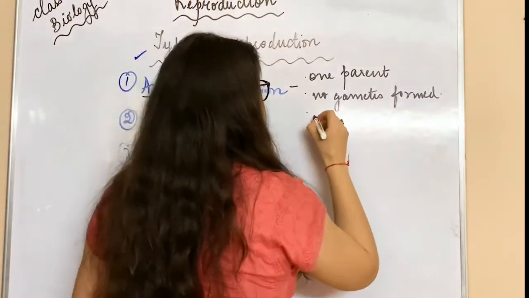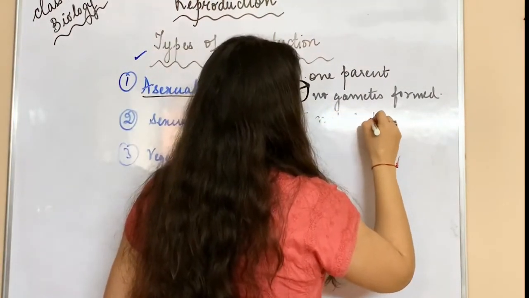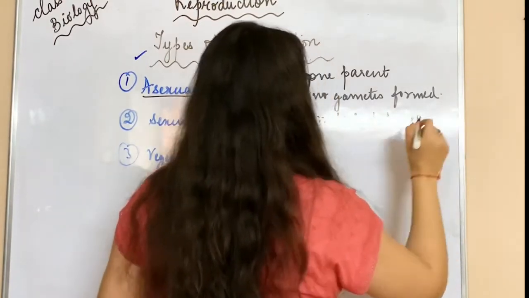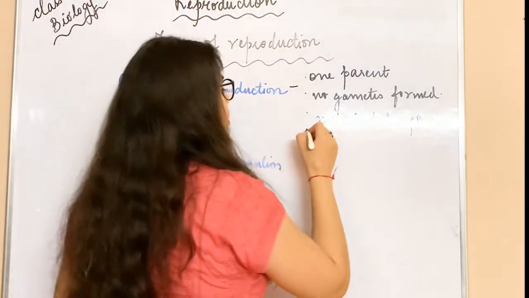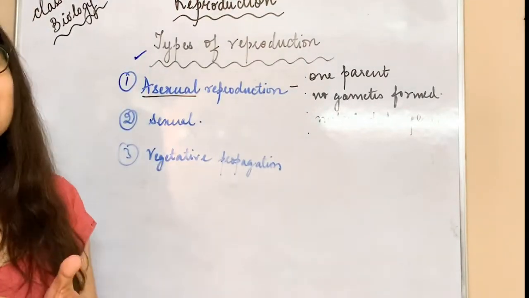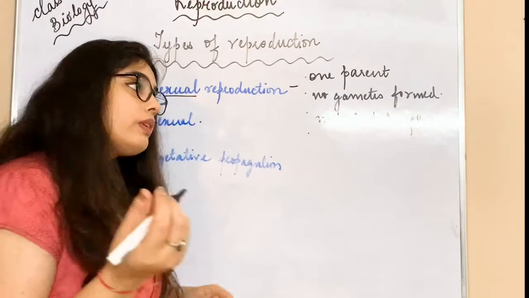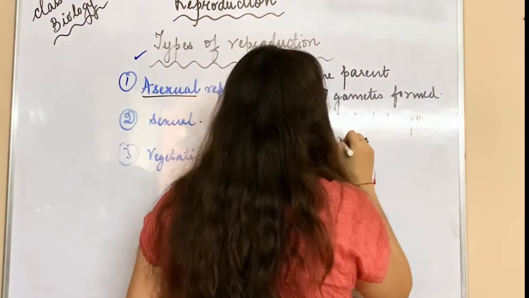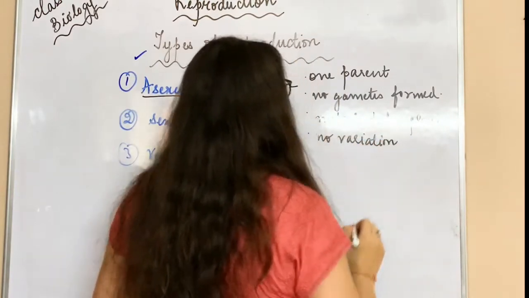Second, in asexual reproduction, mitosis takes place. It is also called somatic reproduction, and there is absolutely no variation in asexual reproduction.